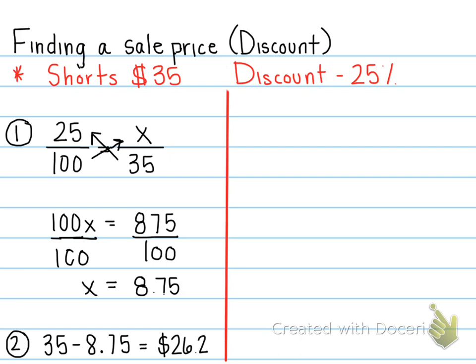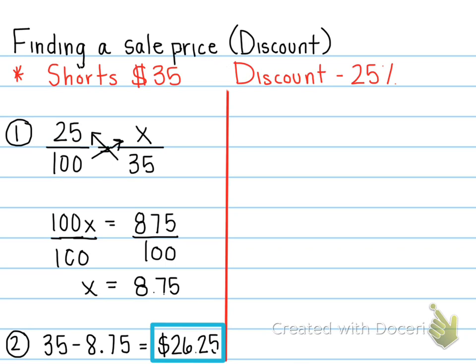That is the item at 25% off. You found the part. That was 25%. And then you have to subtract it from the price. Now there's another way to do this. If you think about it, if you know that your discount is 25%, that means you are paying 75% of the item.